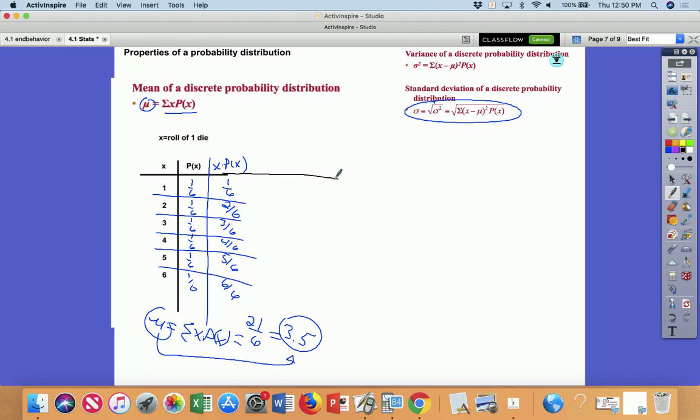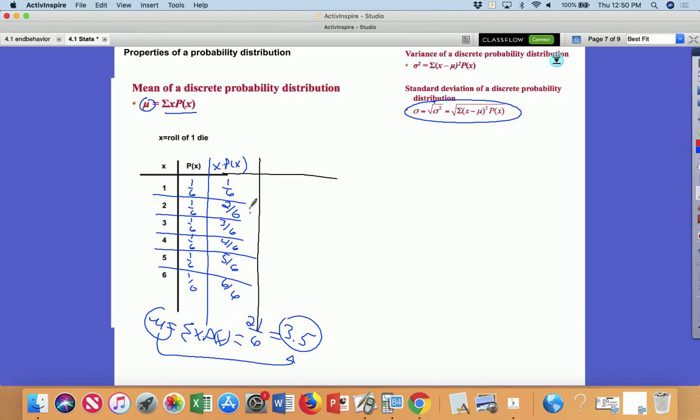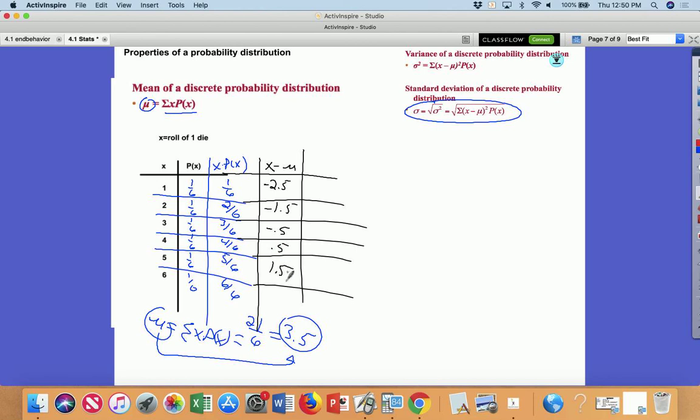So let's add to our table a little bit. What do I put right here, do you think? What am I going to do next? x minus mu. So 1 minus 3.5, negative 2.5. 2 minus 3.5, 3 minus 3.5, 4 minus 3.5, 5 minus 3.5, and 6 minus 3.5.